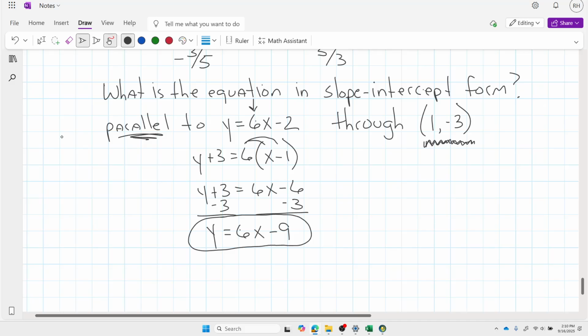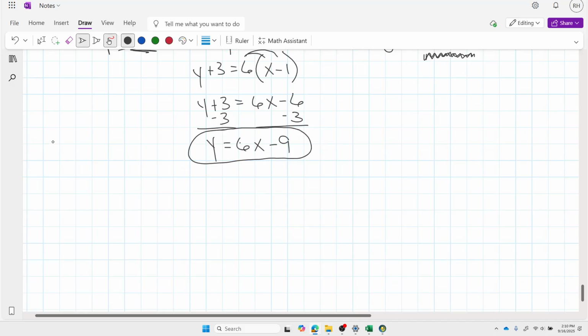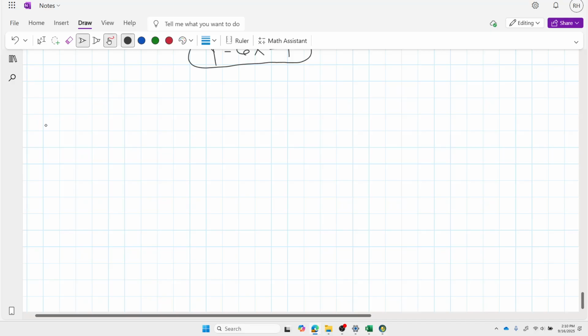The second type of problem you'll see in this category will be write an equation of the line in slope-intercept form perpendicular to y equals negative 4x plus 3.